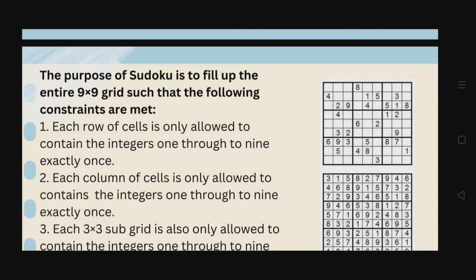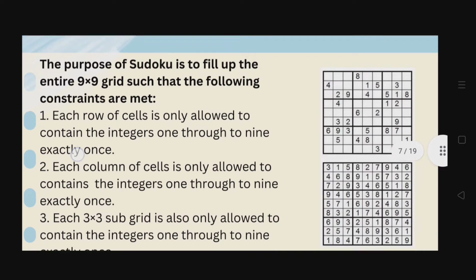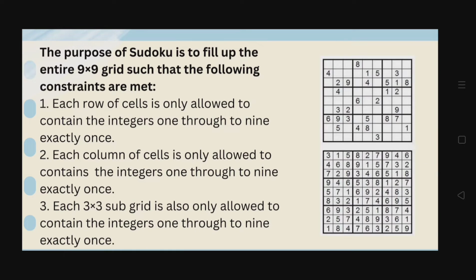So each row of our cells should have 1, 2, 3, 4, 5, 6, 7, 8, 9, and each number should never repeat. It is not allowed for 2 to repeat, or 3, or 6. So that is not allowed.